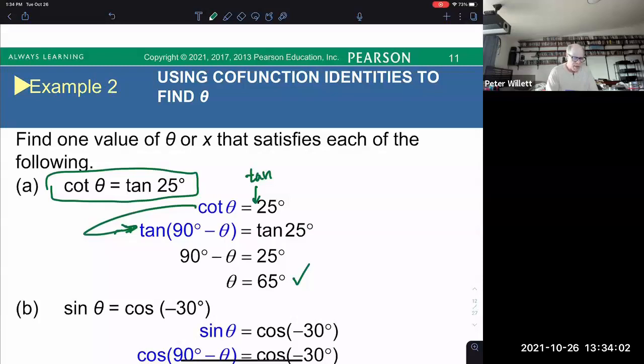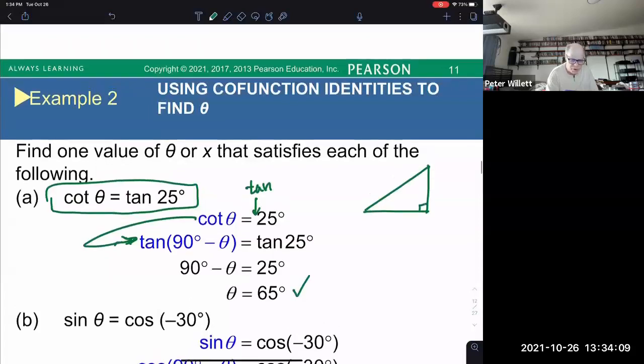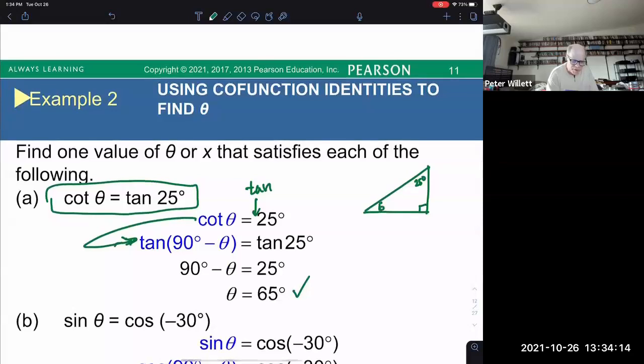But again, that kind of boils down to our right triangle. So if this is 25 degrees up here, well, then the other angle would be 65 degrees. And cotangent of 65 degrees would be adjacent over opposite. So if this is adjacent and this is opposite, then cotangent of 65 would be adjacent over opposite.